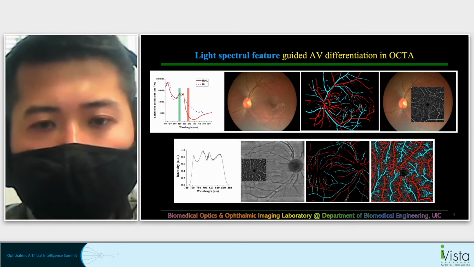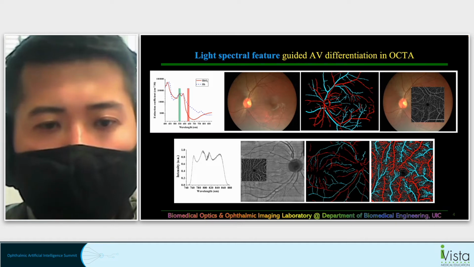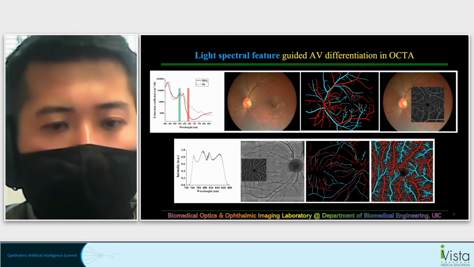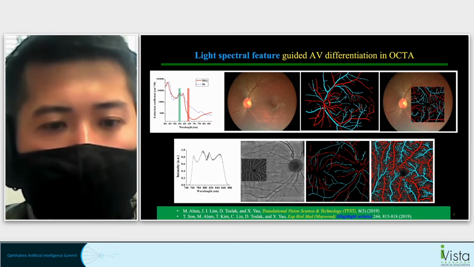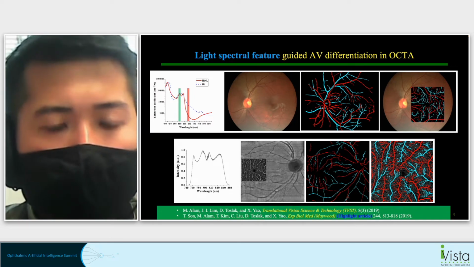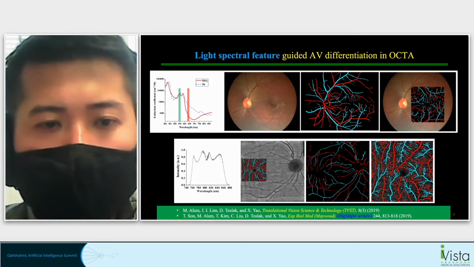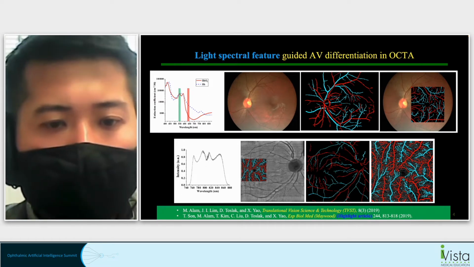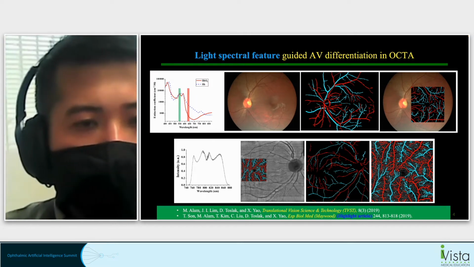Currently, in the clinical setting, artery vein differentiation is not available. In our lab's research, we can utilize the spectral information such as the light information in fundus photography on the top and OCT on the bottom to differentiate vessels as arteries and veins. Fundus photography can be useful.